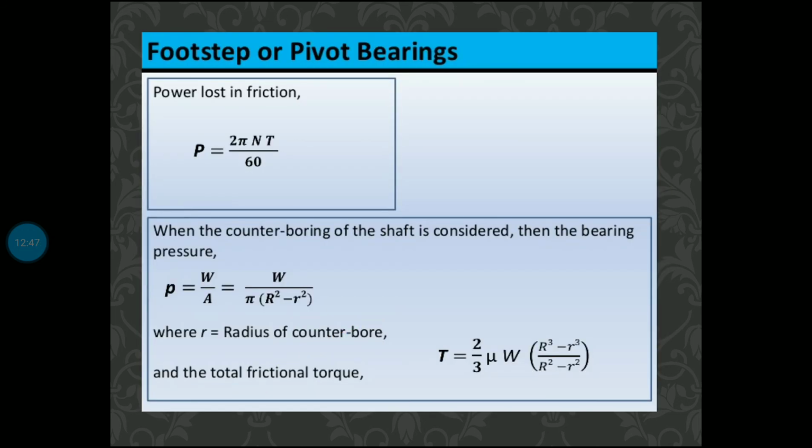This is the formula to find the power of bearing: P = 2πNT/60, where N means speed and T means torque. When the counter bore of the shaft is considered, the bearing pressure p = W/A, where A = π(R² − r²). Small r is the radius of the counter bore and capital R is the outer radius.